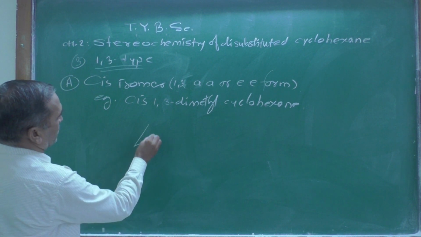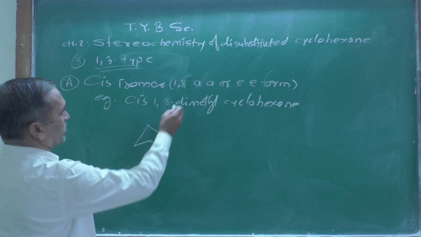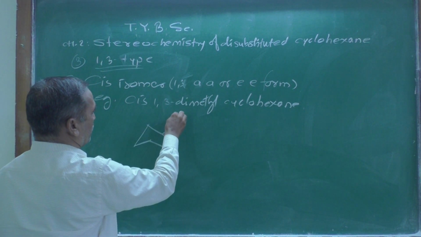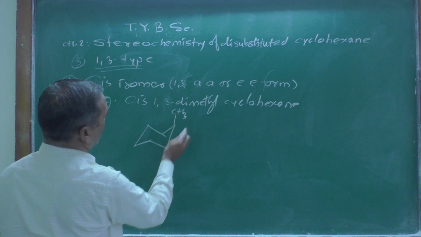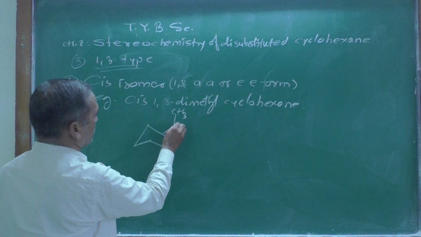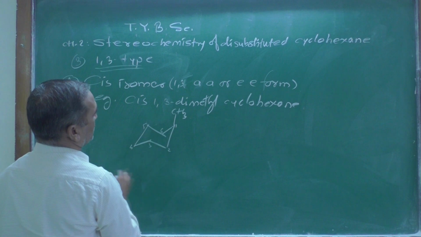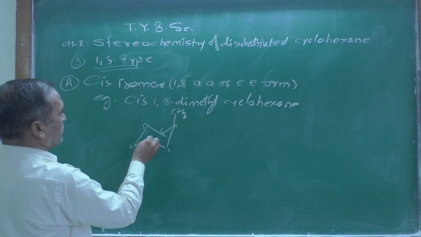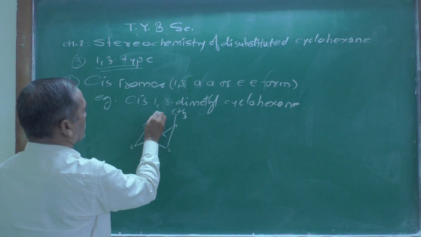Let's draw the structure first. As we know, AA form means what? One of the methyl groups is present here, another methyl group at 1, 2, 3, right? You can number it 1, 2, 3, 4, 5 and 6. At the 3 position, the methyl group is on the axial position.